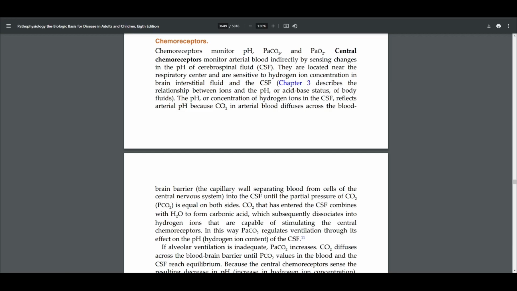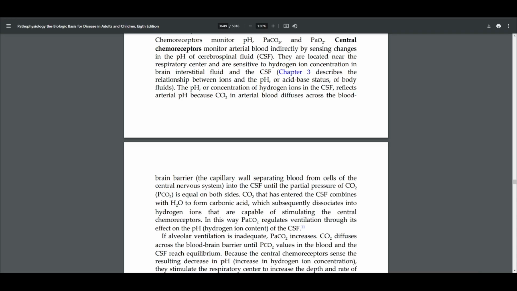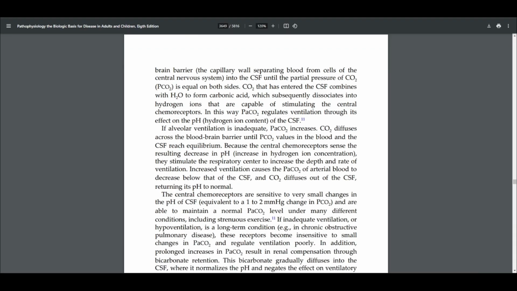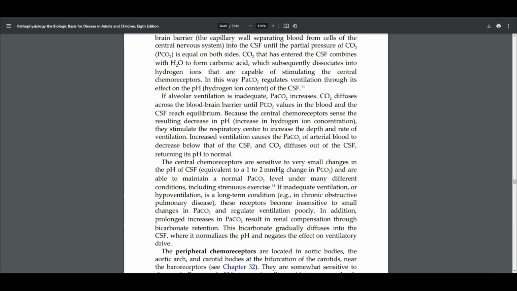The pH, or concentration of hydrogen ions in the CSF, reflects arterial pH because CO2 in arterial blood diffuses across the blood-brain barrier, the capillary wall that separates blood from the cells of the central nervous system, into the CSF until the partial pressure of CO2 is equal on both sides.